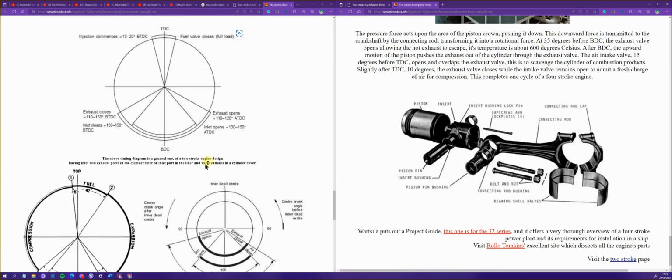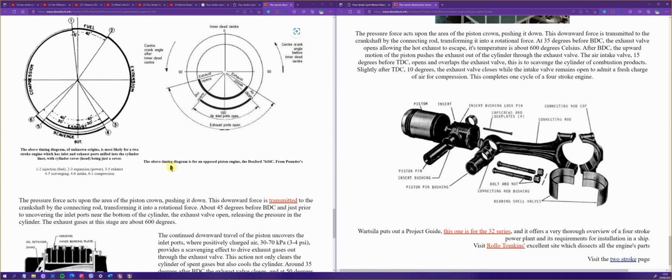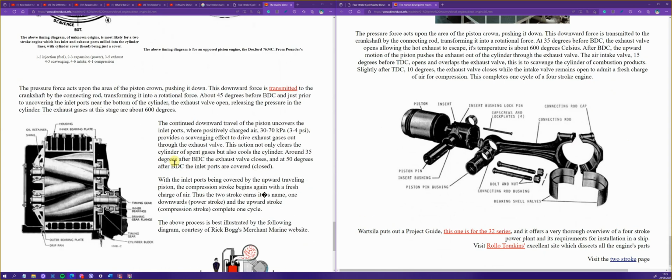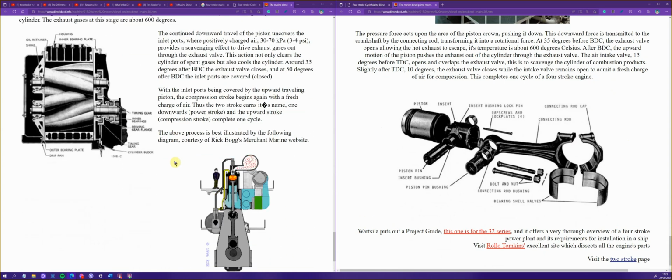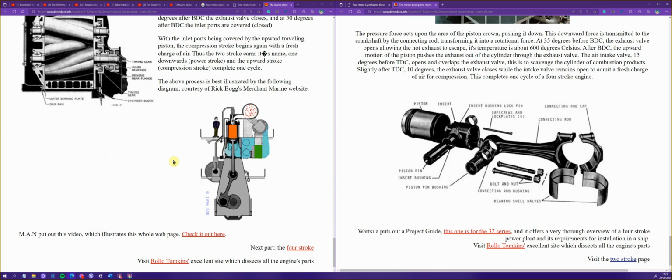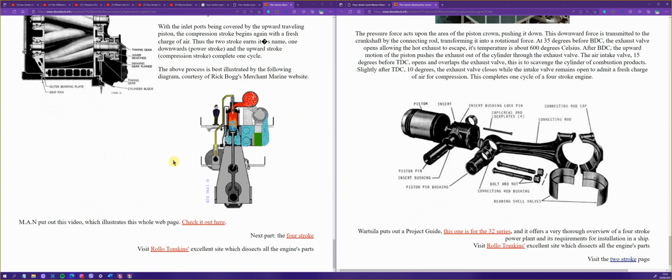Tingnan natin kung meron din siya sa ito, meron siyang working animation siya. So, yeah, nakikita nyo ba yung change in colors? Yung kanyang intake, compression, then power, then exhaust.